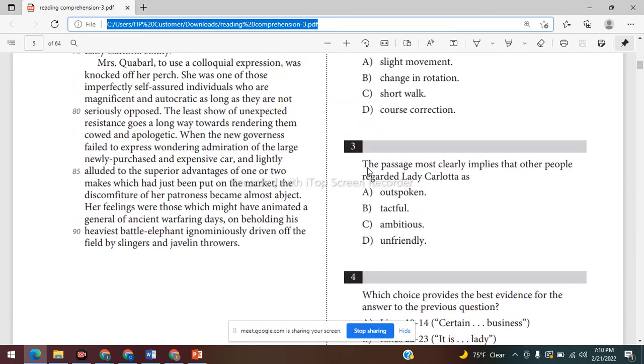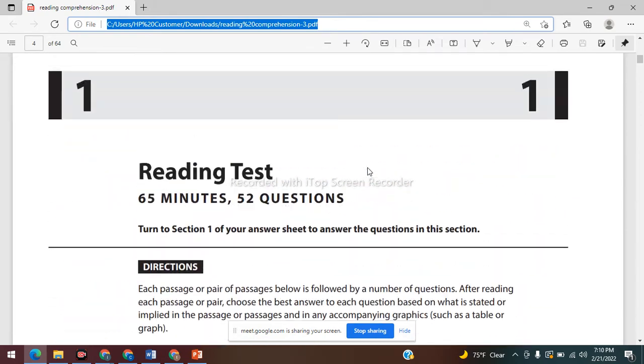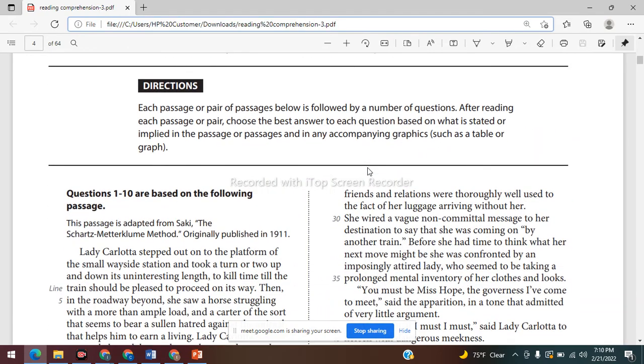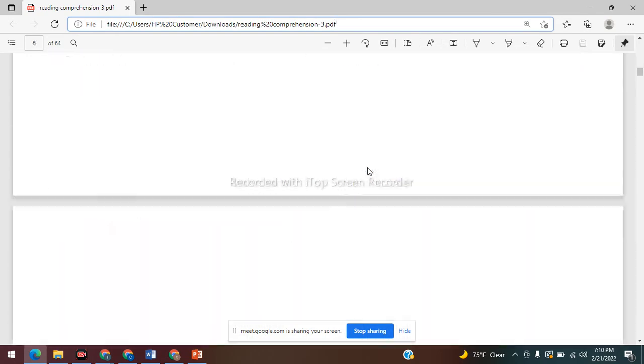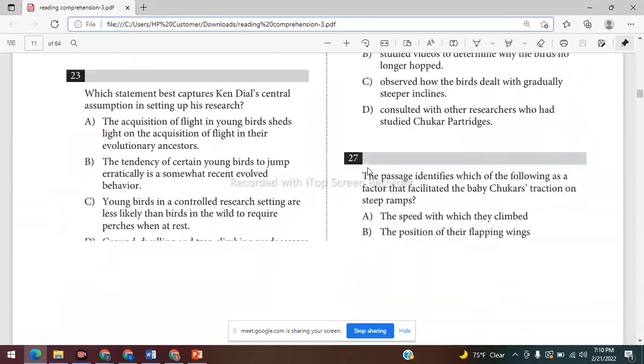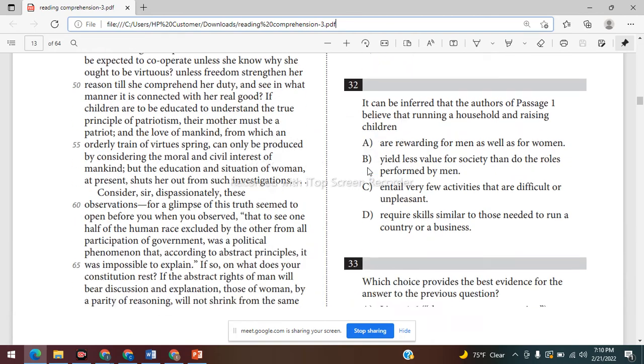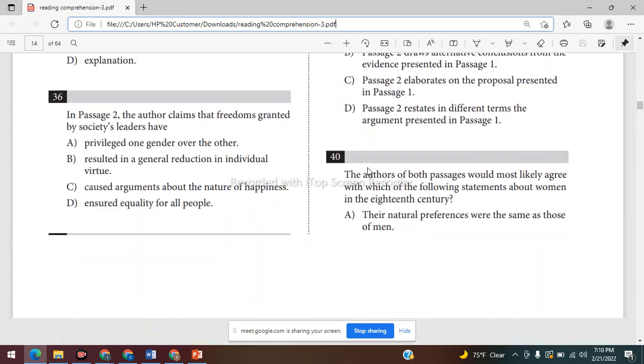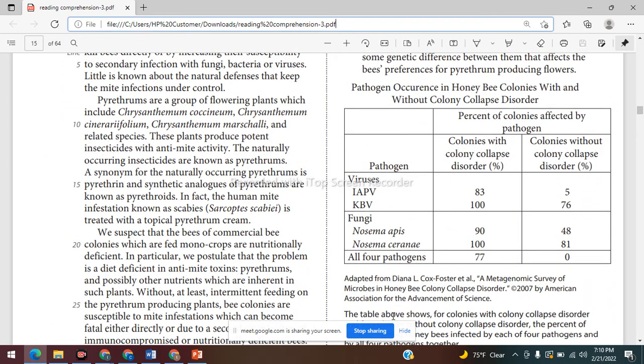Yes, sir. So this is just a reading test that we did. We covered a lot, honestly, with these passages. These are some good passages, I have really enjoyed them. What do you guys think?